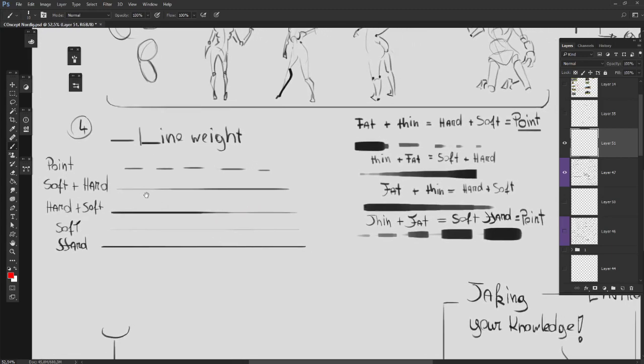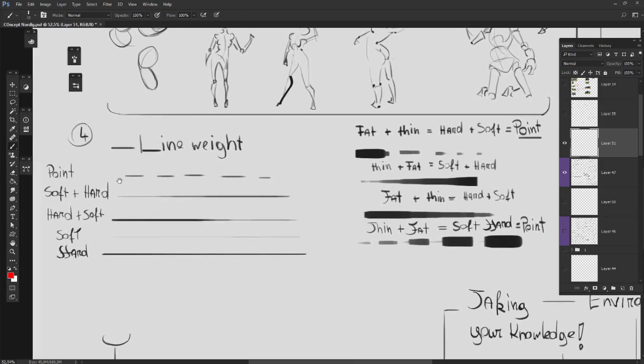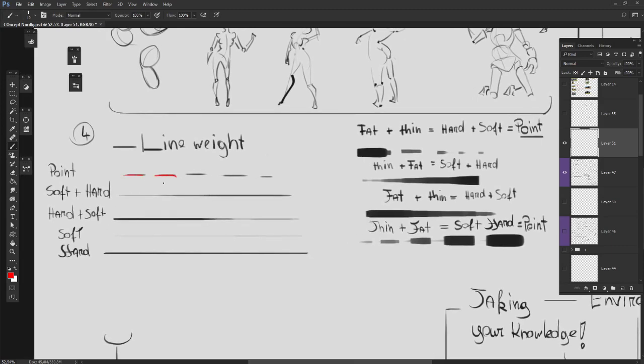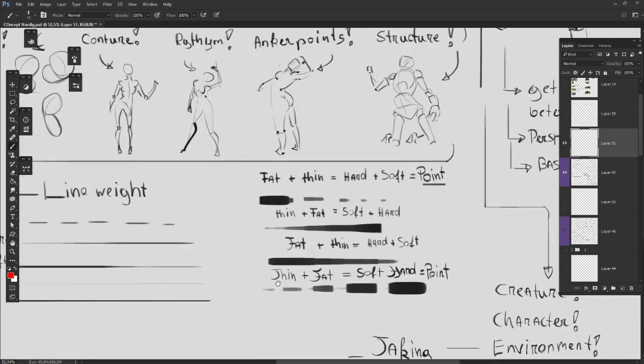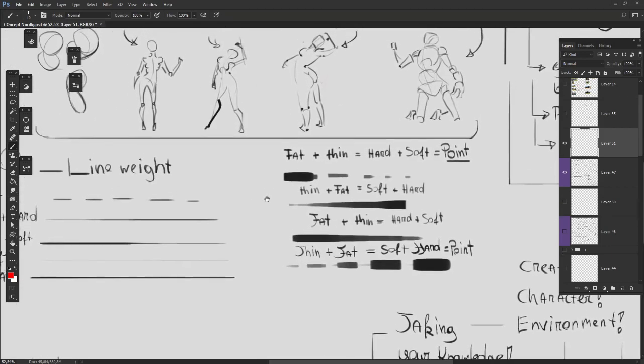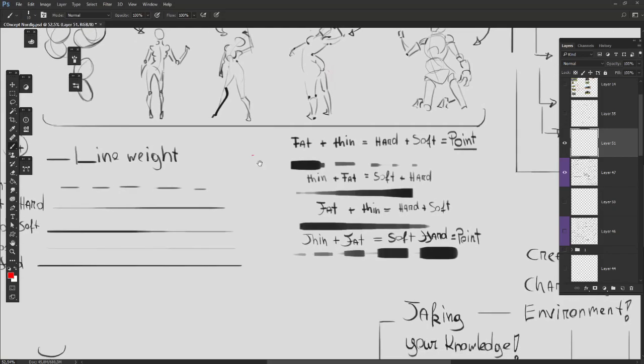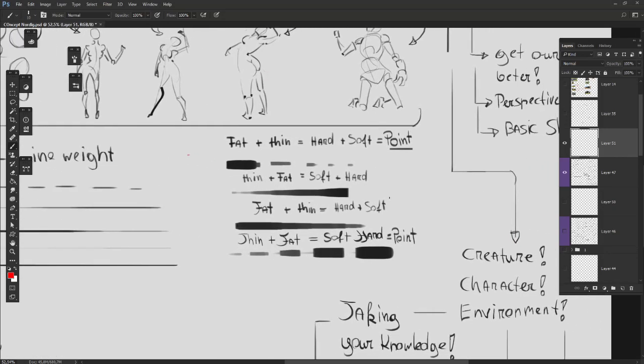Okay, so we have different types of lines. One is your pointy lines, you know, where it's literally gesturized. The other one is going from soft to hard, then hard to soft, then only soft, then only hard. Then we have different types of lines, and that's about having bigger brushes and small brushes.